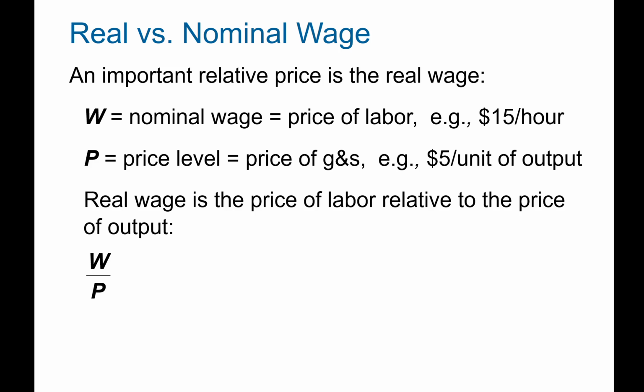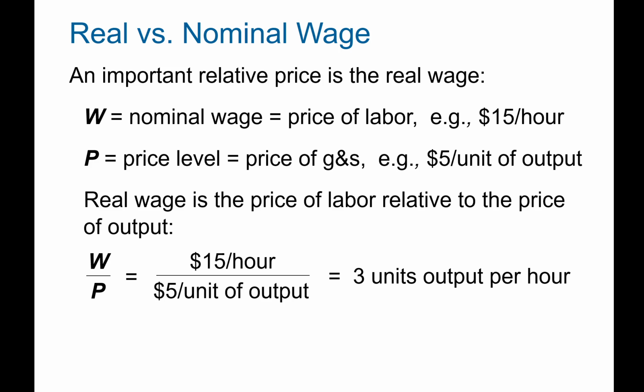The real wage is a relative price: the price of labor relative to the price of output. So we would take the wage divided by the price level, and again we have dollars attached to those two things. So we would say $15 per hour divided by $5 per unit of output gives us a measurement that is 3 units of output per hour. Notice that this is in physical units, 3 units of output per hour. And so this is going to be a real variable.